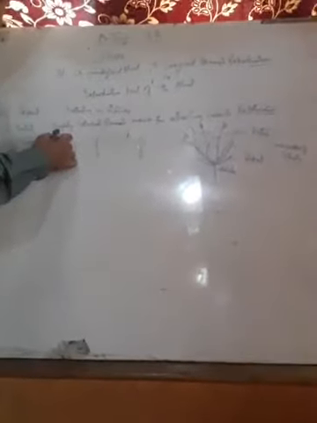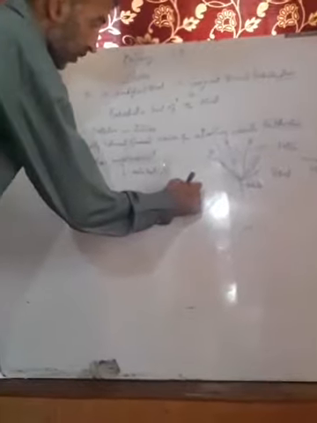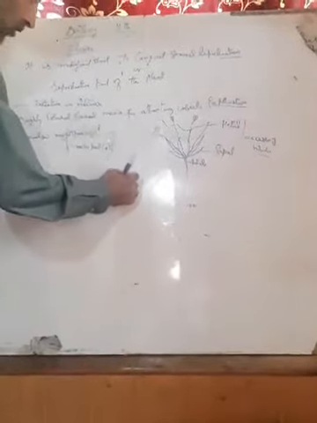And number third is the stamen. It is a specialized microsporophyll. The stamen is the male part of the flower. It has two parts.